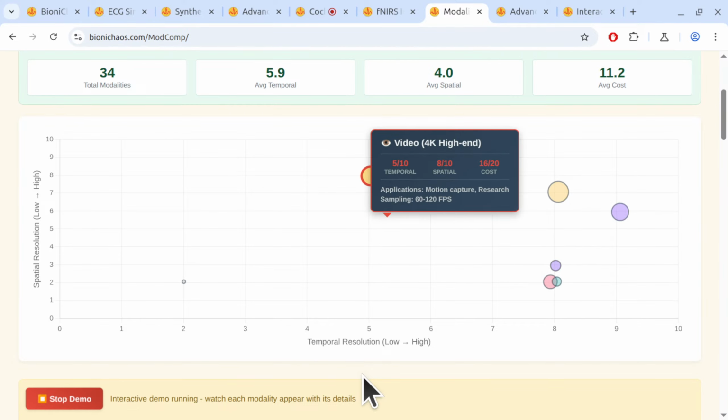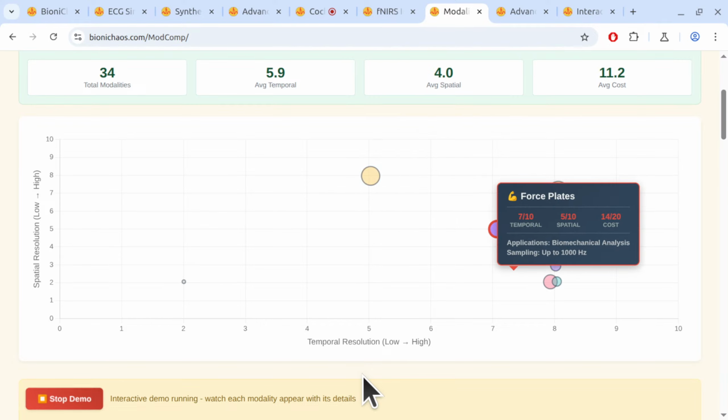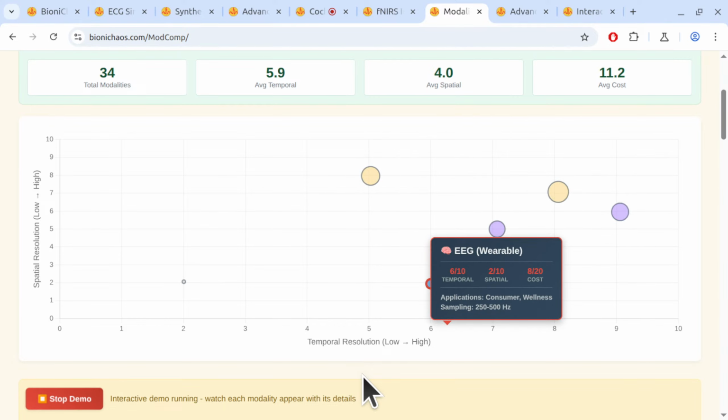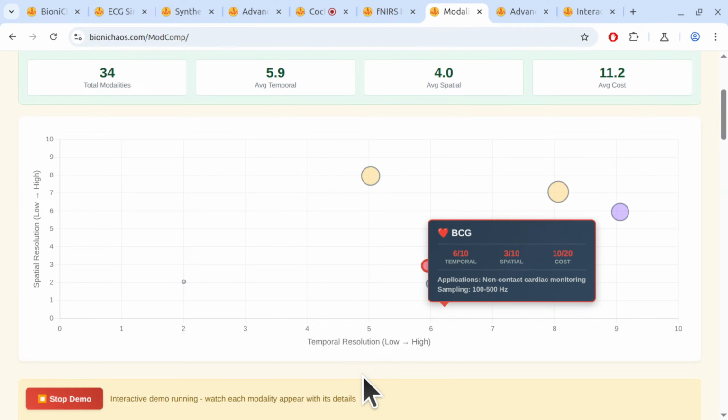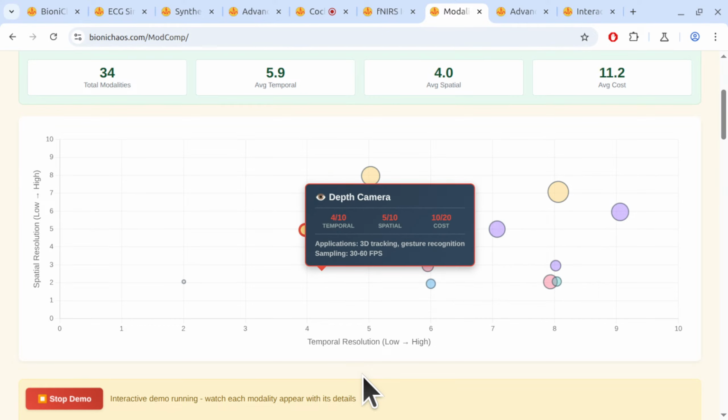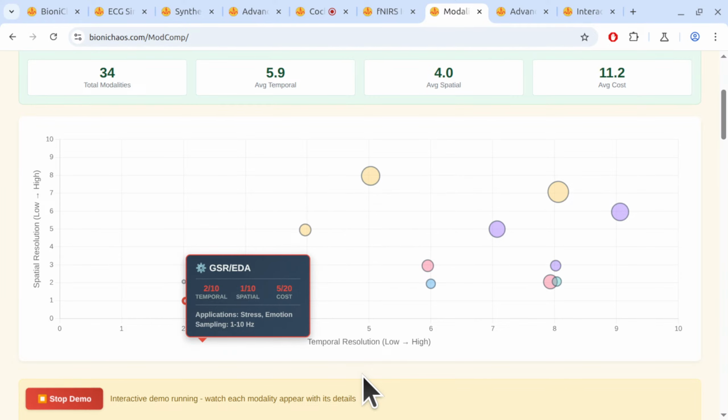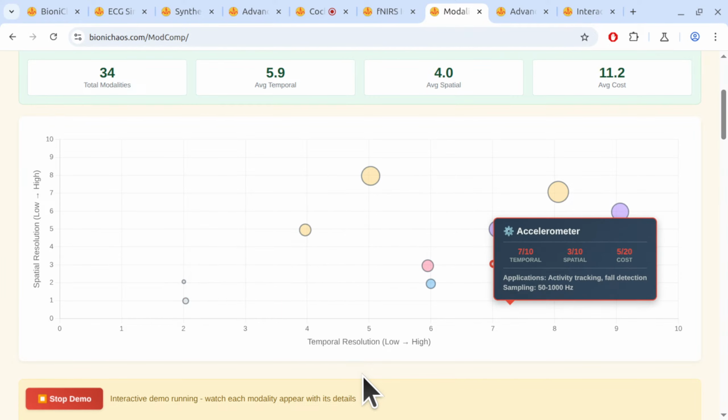Okay, the interactive demo is started. Different modalities are appearing on the graph, one at a time. Each one shows its temporal and spatial resolution, along with the cost and some applications. It's like comparing different ways to measure things.